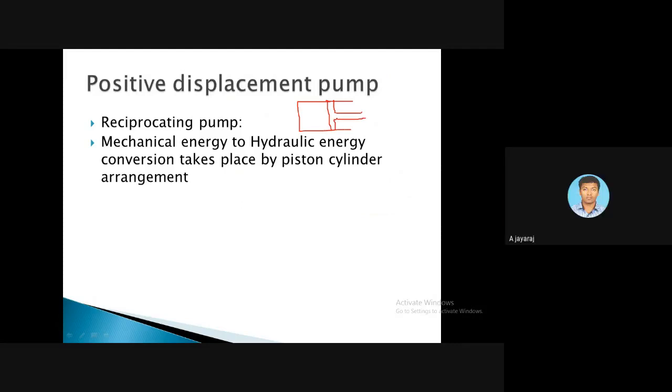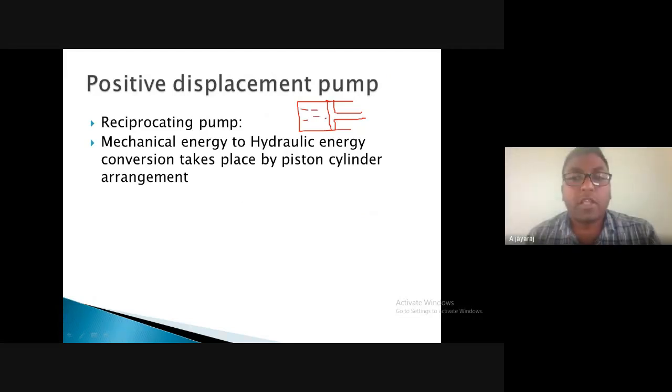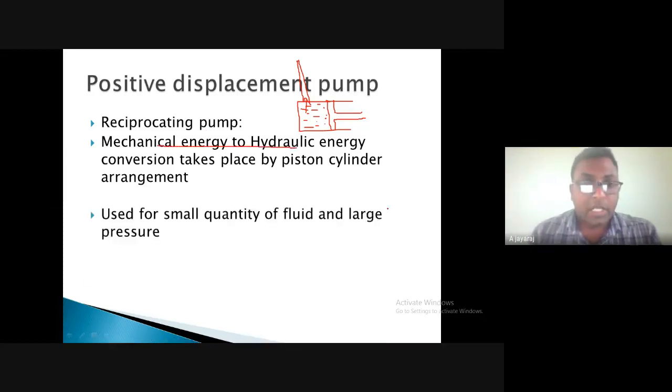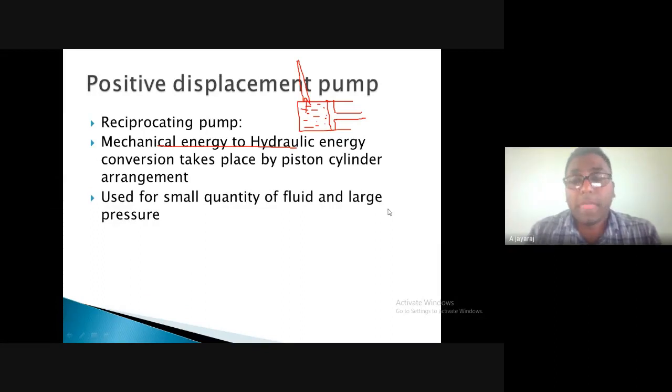So here I have a fluid, whose pressure will be increased by this piston cylinder arrangement. This piston pushes this liquid and hence the pressure of this fluid rises. By reduction in the volume, it comes out at a higher pressure. So this is the fundamental concept behind this reciprocating pump. Mechanical energy is converted into hydraulic energy by the piston cylinder arrangement. It is used for a small quantity of fluid and larger pressure.